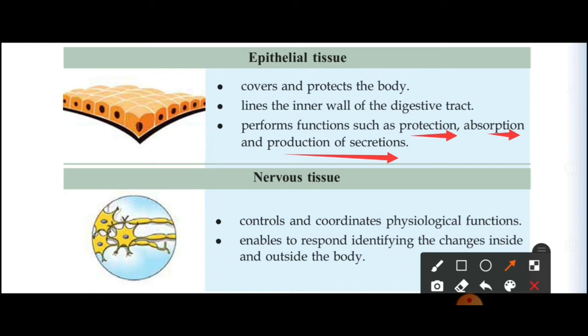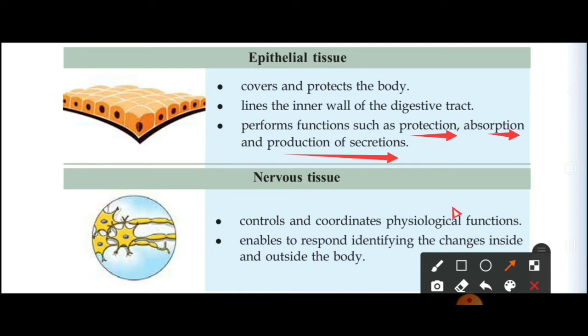Secretions means some kinds of liquids or fluids needed in the body. These are secreted by epithelial tissue. So, where is it seen? It is seen on the inner wall of the digestive tract. What is the main function? Cover and protect the body.